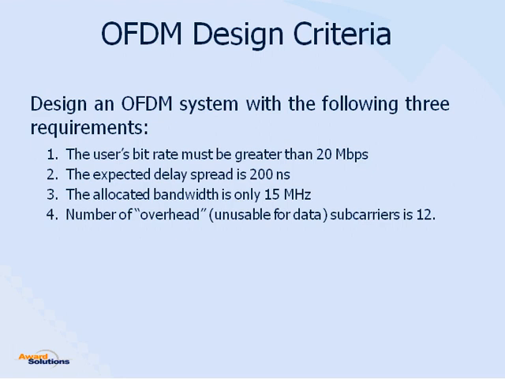let's see. I will give you a simple example here of how to design an OFDM system. So we have a mission: to get 20 megabits per second. We are told that the delay spread is 200 nanoseconds, so 0.2 microseconds.